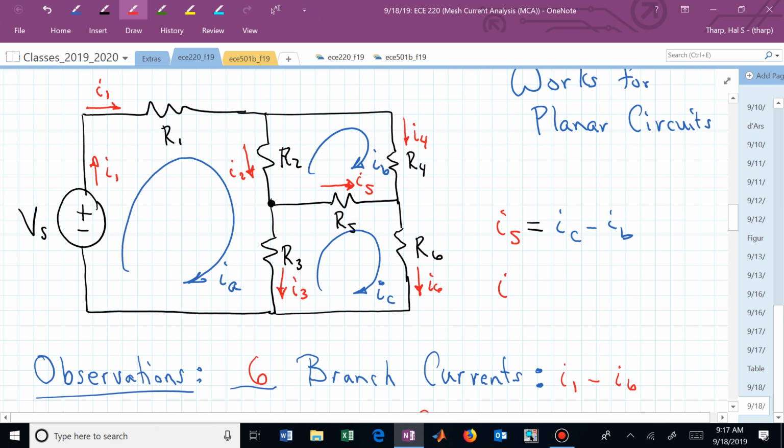And in this case, what is I sub 3 in terms of mesh currents? I sub 3 is I sub A, which is going in the same direction, so that's kind of helping I sub 3, and I sub C is hurting or taking away from I sub 3. I sub 3 is I sub A minus I sub C.